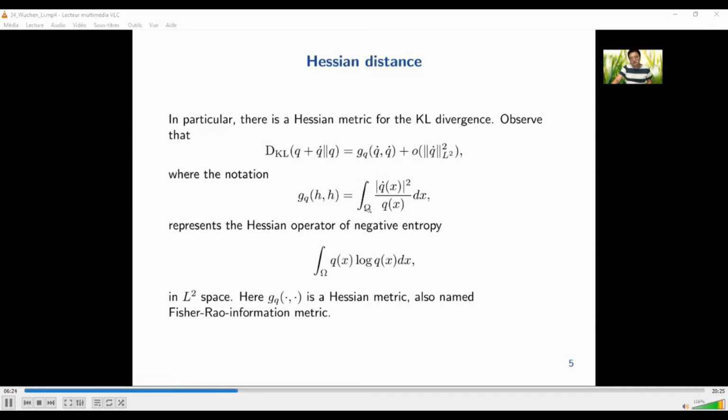In fact, it gives you the quadratic form of the Hessian operator for the KL divergence, that is, the Hessian operator for the negative Boltzmann entropy. This g_Q is called the Hessian metric, and in the L2 space it is the so-called Fisher-Rao information metric.